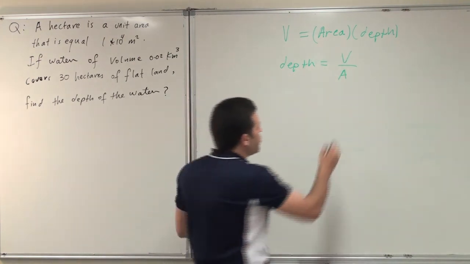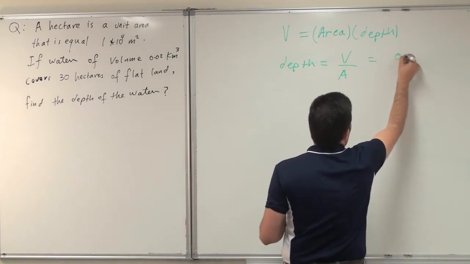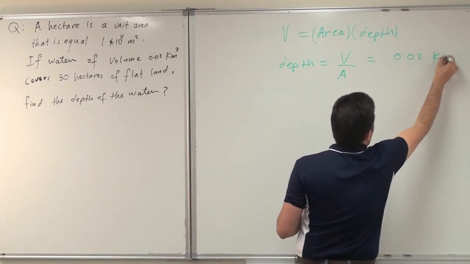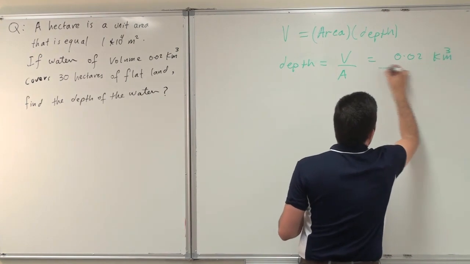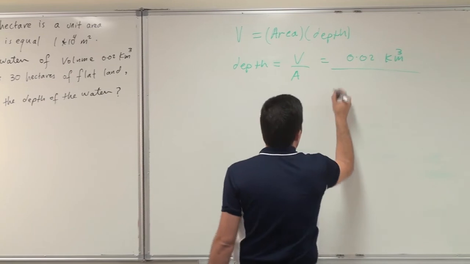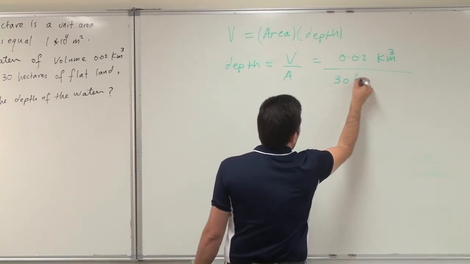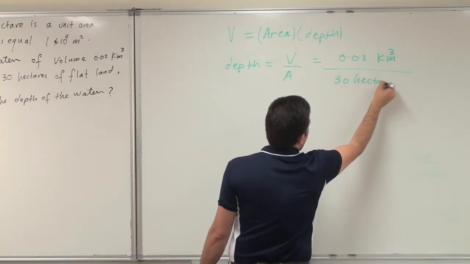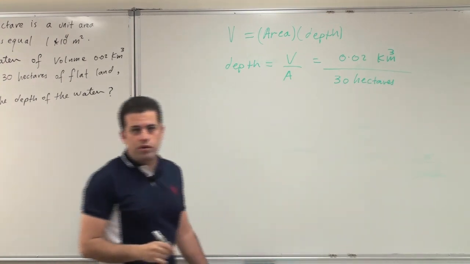But the volume is given to me in kilometers cubed, which I need to convert to meters cubed. And the area also is given in hectares, which I need to convert to meters squared.